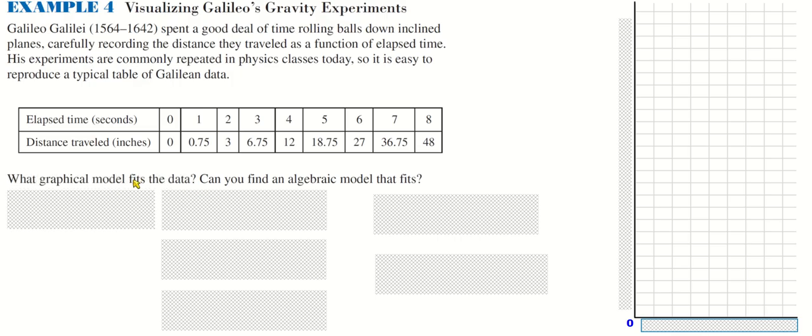What's the graphical model? What kind of graph does it make? A line, a curve, and other things that we probably haven't learned yet. But anyway, those are the main two. Okay, hopefully I didn't freak you out there with, wait, what don't we know? The big two are linear and quadratic for answering questions like this.